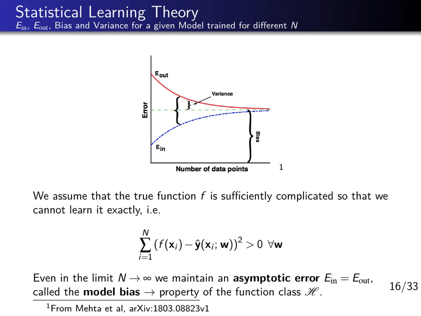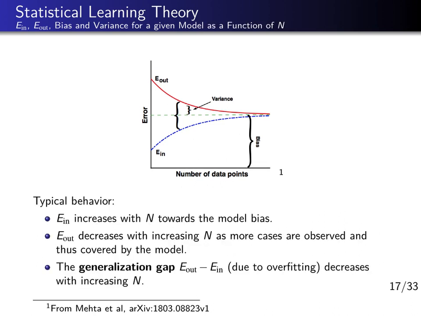If we go towards this limit, the training error and the validation error both converge to this finite error. But the in-sample error, the training error, typically increases towards this finite error, and this finite error is called the bias, whereas the out-of-sample error, or the validation error, E out, decreases towards the bias.